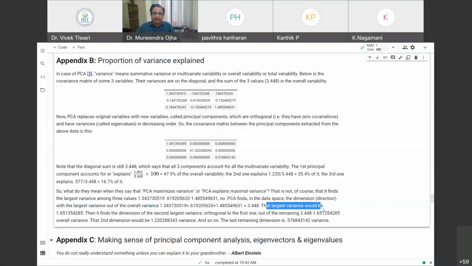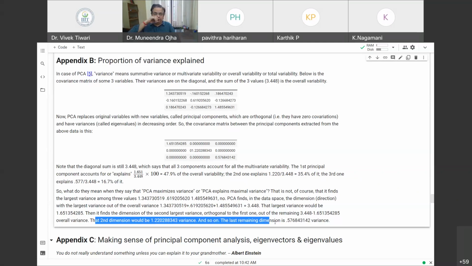That largest variance would be 1.65, and the variance in that direction is 1.65. Then it finds the dimension of the second largest variance, which is of course orthogonal to the first one, and then the second dimension would be 1.22 variance, and so on.